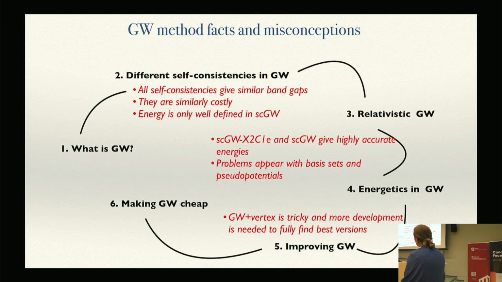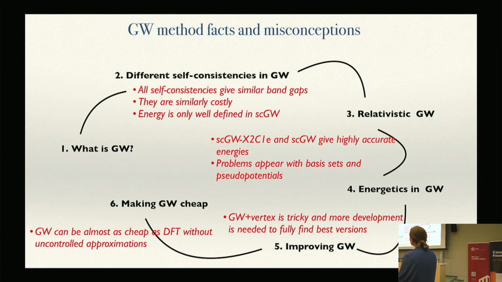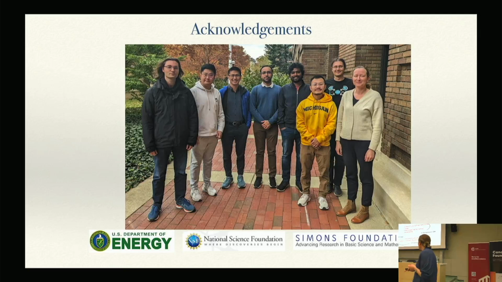That this GW plus vertex result, most of the time in the community when used with G0W0, is not accurate, and then one should do full self-consistency in order to improve it. And one can make GW as cheap as DFT without any uncontrolled approximation, when one uses controlled decomposition of integrals.